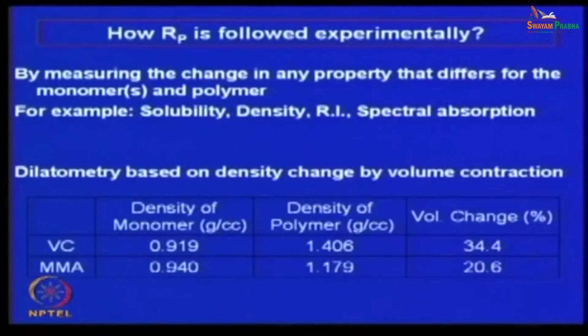That means, you have to go through by measuring the change in any property that differs for the monomers and polymers. Now, that property may be solubility, density, refractive index, or specific volume.